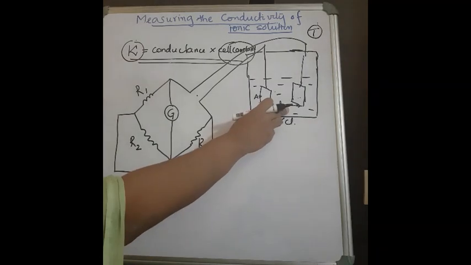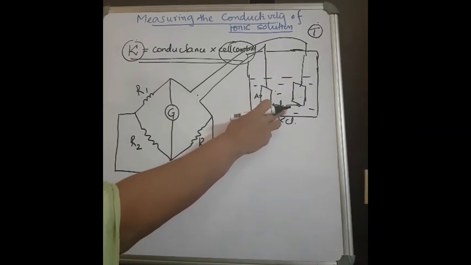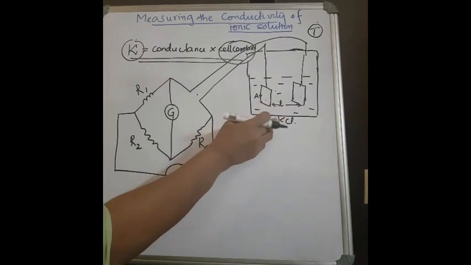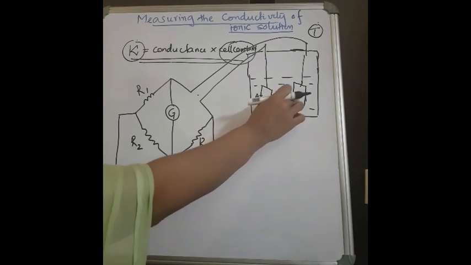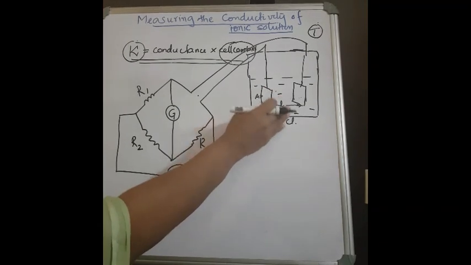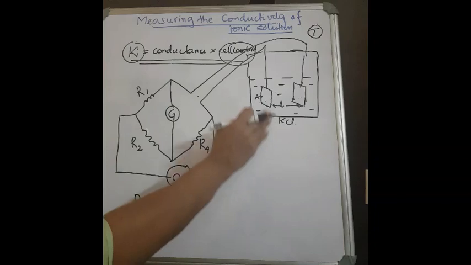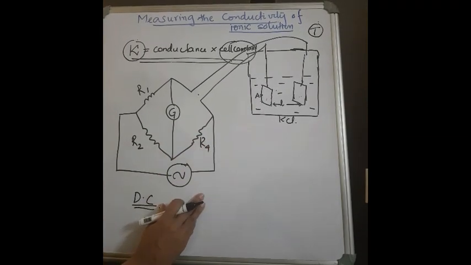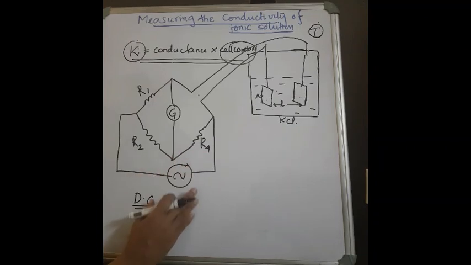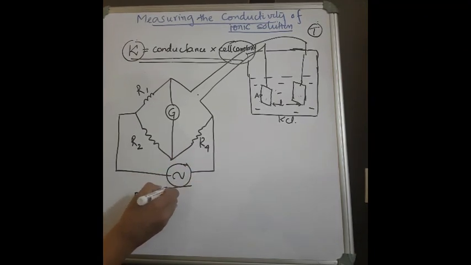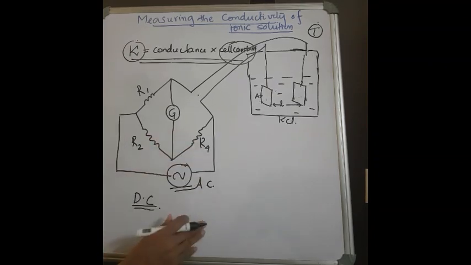If electrolysis happens, we cannot measure the accurate conductivity or resistance, because in electrolysis the ions get deposited, so the number of ions will decrease, and thereby the conductivity also decreases. So you have to take an AC current. AC current means switching off and on, so there is no electrolysis. In order to avoid electrolysis, you are taking the AC current here.